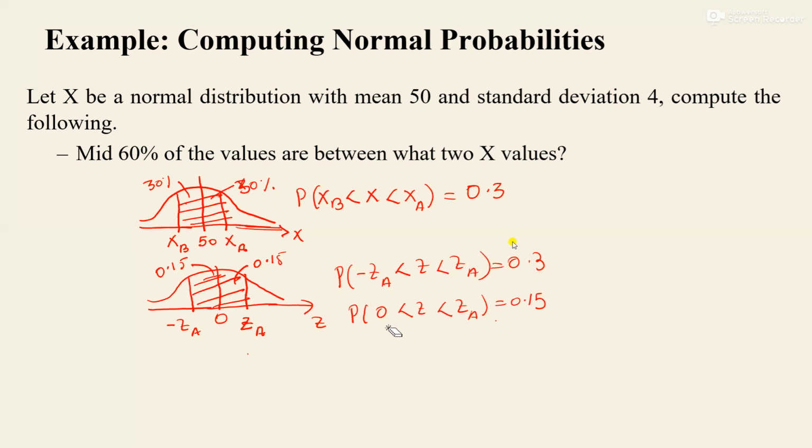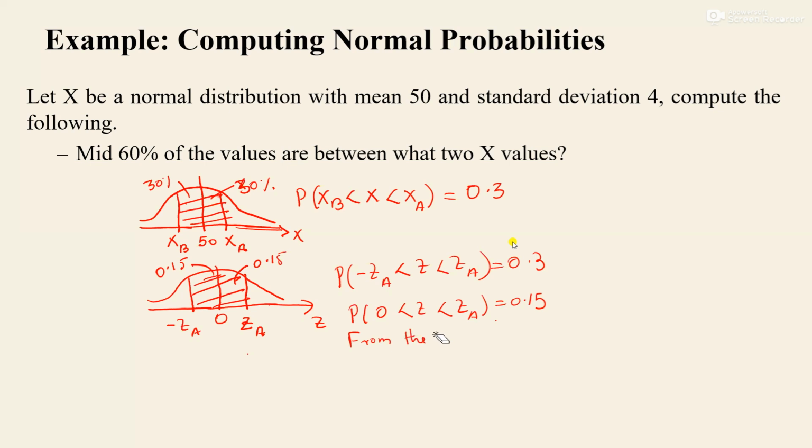I am approximating with 0.08. So from the table, the probability of 0 less than Z less than 0.38 is equal to 0.1480.